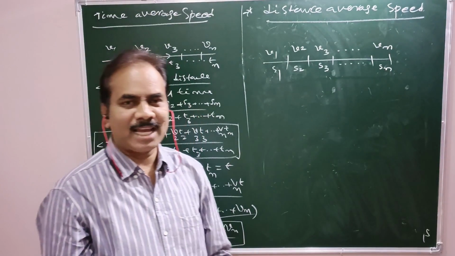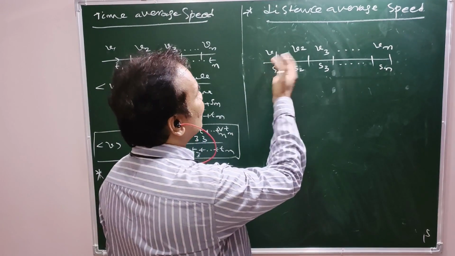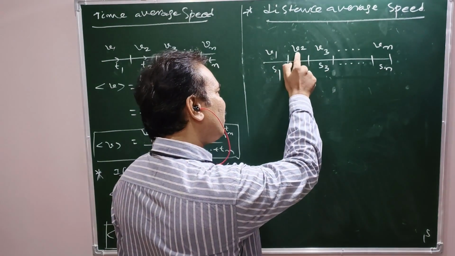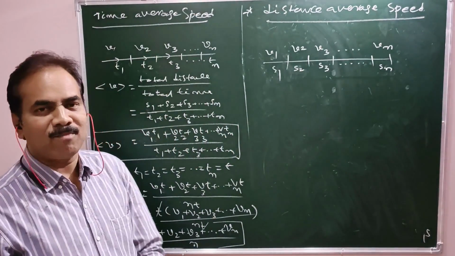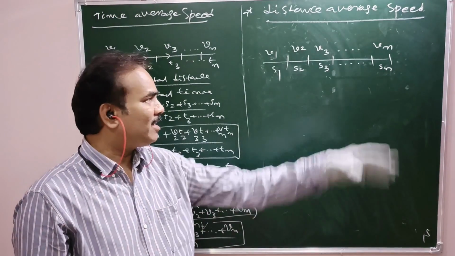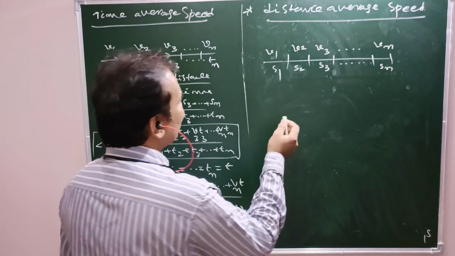So in each segment the speed of the particle changes, from here to there with the speed v1, from here to there with the speed v2, from here to there with the speed v3 and so on. So here the particle moves with different speeds to cover different successive unequal distances. Am I right?